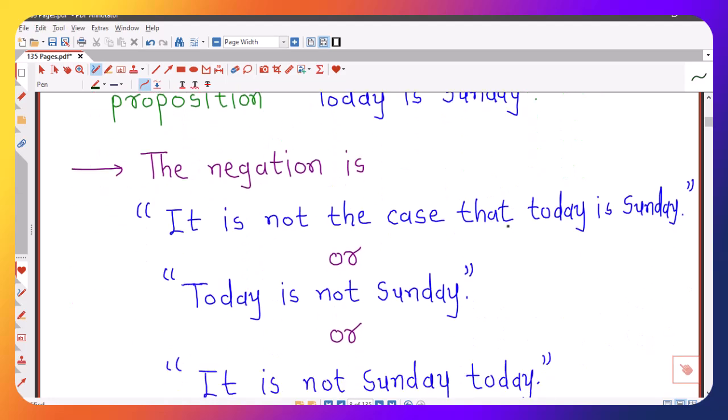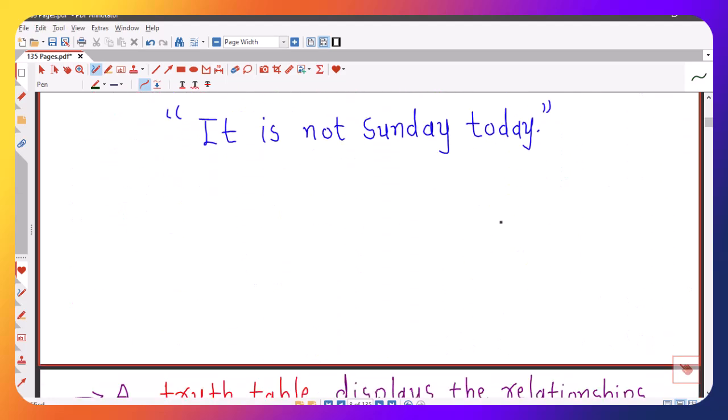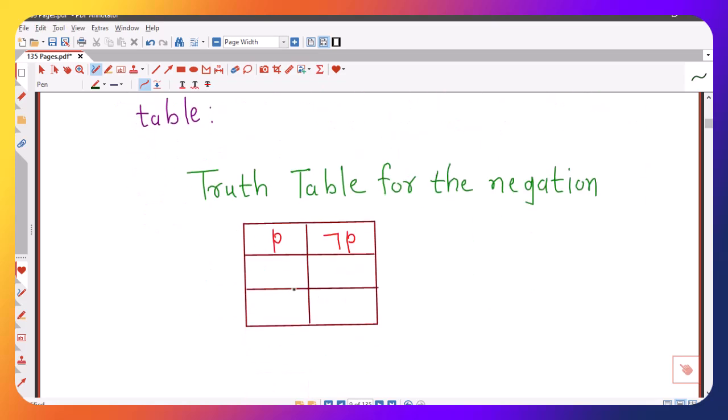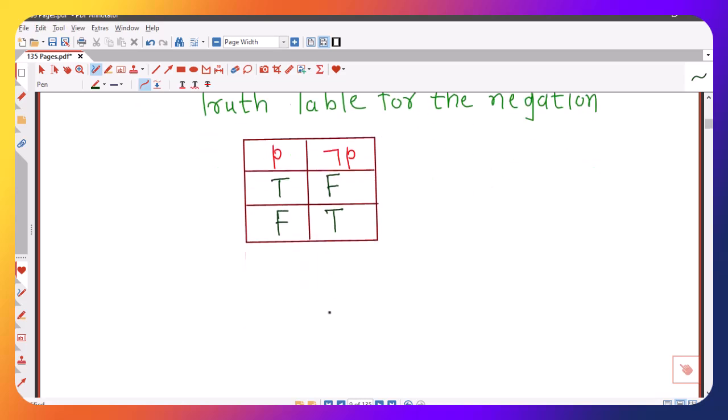This is the example which we just discussed, and we can write the truth table for negation also. There are two possibilities for proposition P, T and F, and the negation of P has a truth value opposite to that of P. So if P is true, the negation of P is false. If P is false, the negation of P is true.